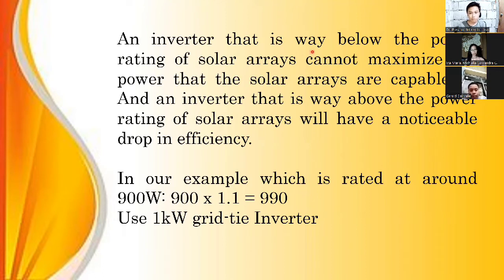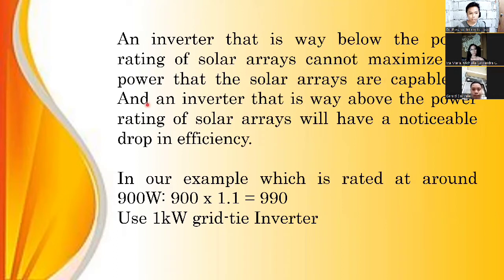An inverter that is way below the power rating of the solar arrays cannot maximize the power the solar arrays are capable of. So halimbawa, yung solar arrays mo is 3,000 watts and then yung inverter mo is 2,000 lang. So nakadepende sa inverter yung solar arrays. Sayang yung 1,000 na solar arrays, hindi siya magagamit.